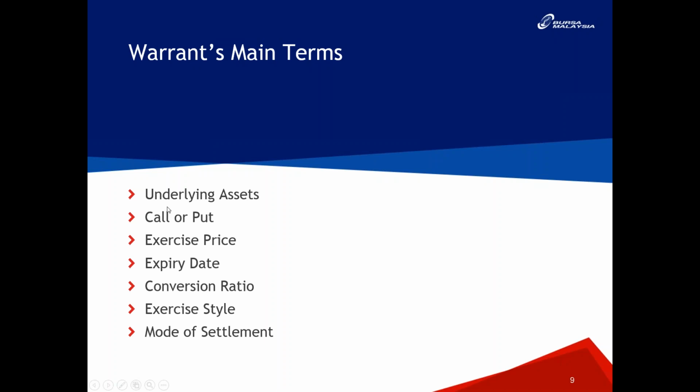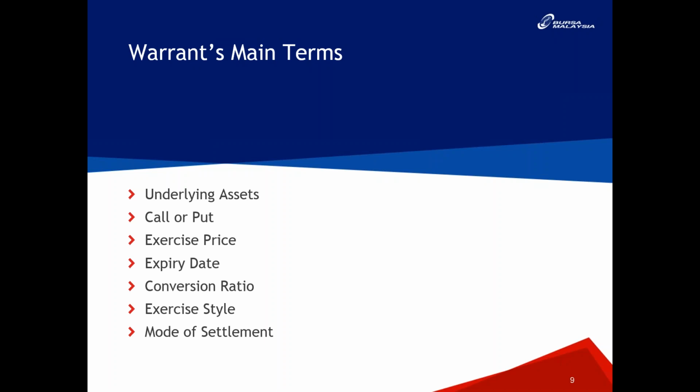Later, you can also find them under the listing info or profile. Mainly, these are the terms. You need to know the underlying assets. It may be a stock, say Tenaga, and you need to know whether it is a call warrant. You can't find a put warrant in Tenaga, but it's a call warrant.